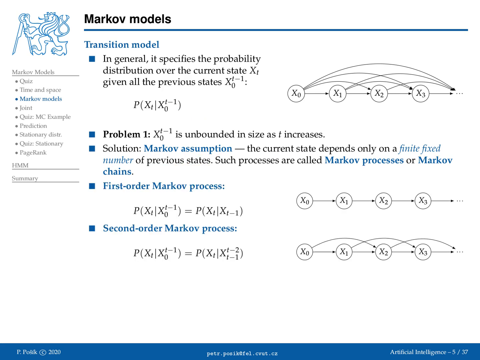And if this is fulfilled, then we call that process a Markov process or Markov chain. You can meet first order Markov processes, which you will meet most often, because any higher order Markov process can be transformed into a first order Markov process, right?